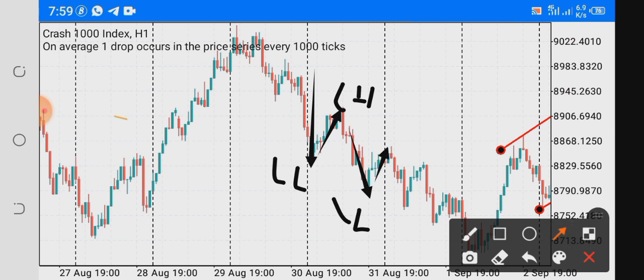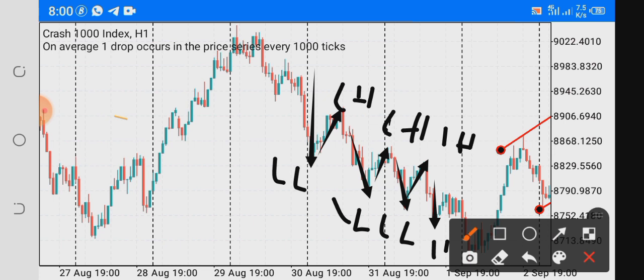Then we have a pullback, which forms a lower high. Then another impulsive move down forms the next low. Then a retracement gives us another lower high. Then another impulsive move down gives us another low. So this is basically the movement when you have a downtrend.